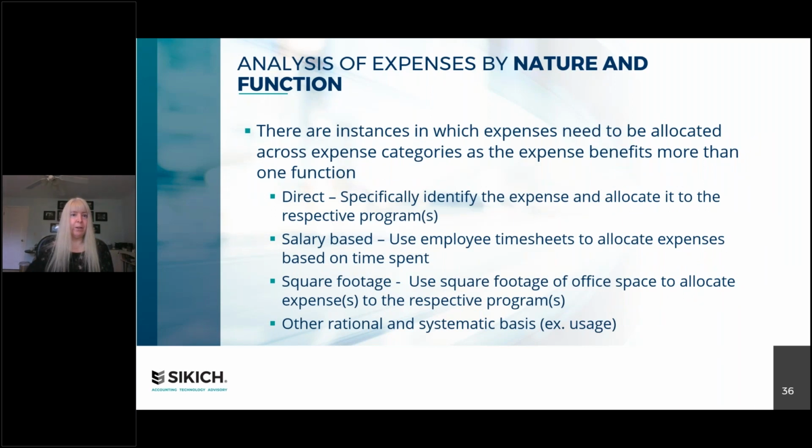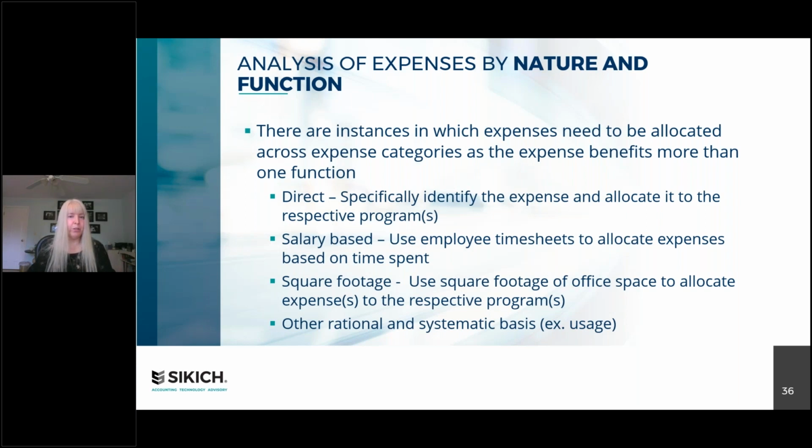So your analysis of nature and function, there are instances where you have to allocate expenses across different categories because it benefits more than one program or supporting service. So there are a few different methodologies there. The first one is to use salary-based allocations, to use employee timesheets to allocate expenses or time studies, other estimates of time spent.